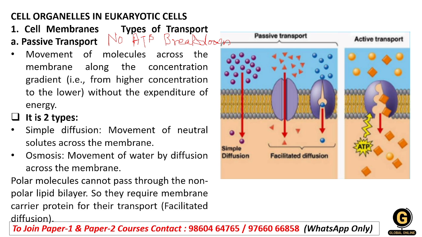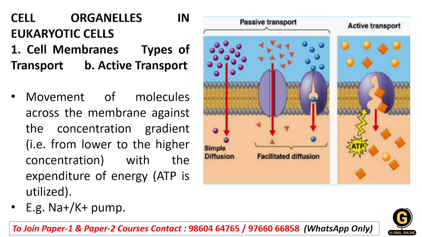What is happening? There is no energy required, no ATP breakdown is done, and the solutes or the molecules across the membrane along the concentration gradient move from the higher concentration region to the lower concentration region. Is it clear? Now in case of active transport, ATP breakdown is done here.